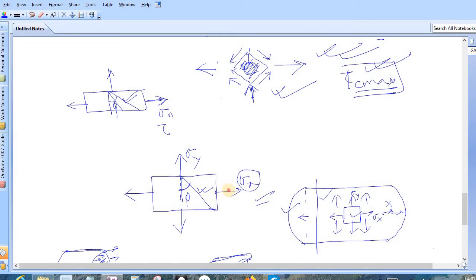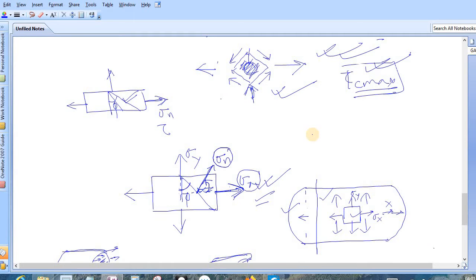This was your acting stress, and you have measured your phi, and this was your normal stress sigma n. So to calculate this normal stress, you have measured your phi in anti-clockwise direction from the acting stress. Clear? There is no doubt about it.